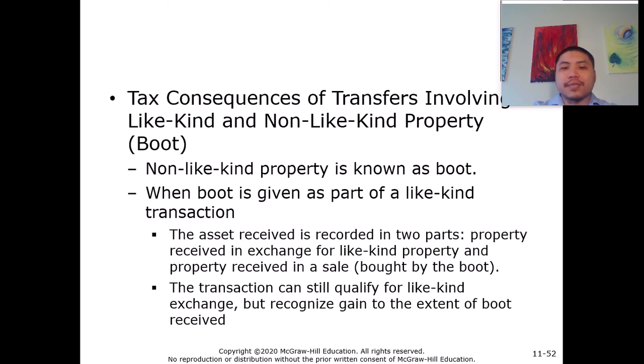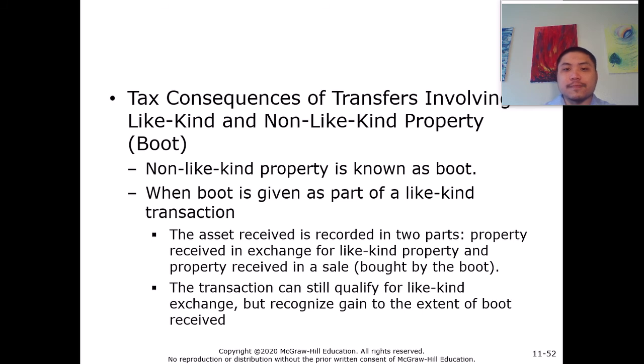The rule is a bit loose when it comes to boot, because boot can take many forms and doesn't meet the like-kind property requirement. But the tax treatment for a transaction involving both like-kind and non-like-kind property can still be a like-kind exchange.